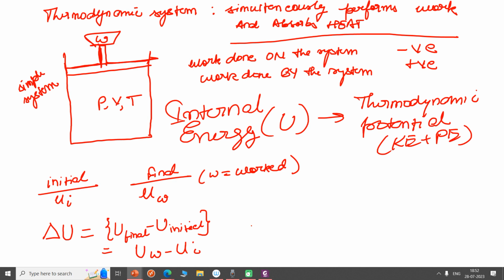And this difference in internal energy is equal to the mechanical work, because this amount of internal energy has disappeared from the system and has appeared as mechanical work, and this is the mechanical equivalent of heat. So this amount of energy as heat has disappeared from the system and has appeared as mechanical work given by W.